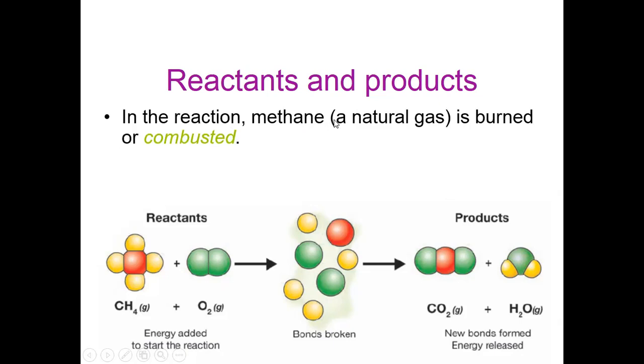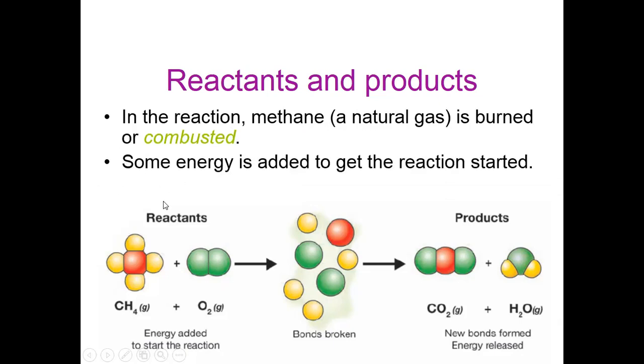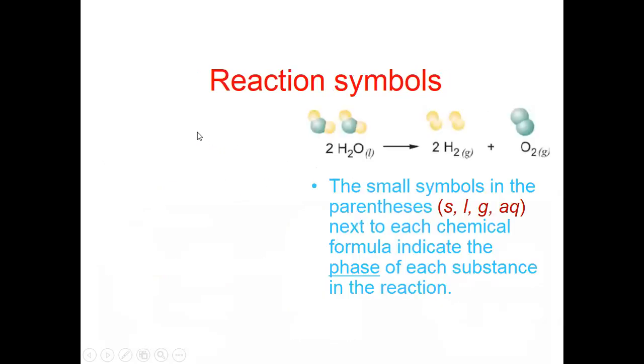In the reaction, methane, a natural gas, is burned or combusted. Some energy is added to get the reaction started. The small symbols in the parentheses, S, L, G, and AQ, next to each chemical formula indicate the phase of each substance in the reaction.